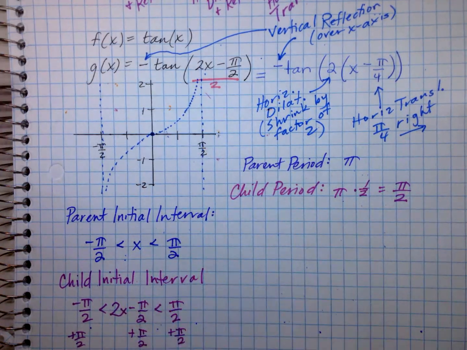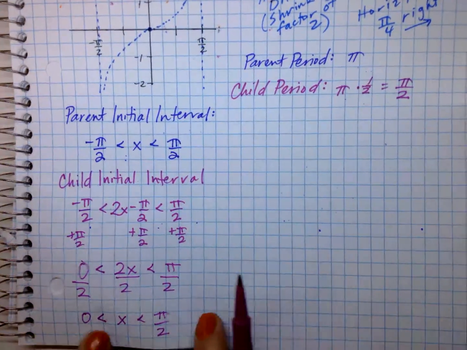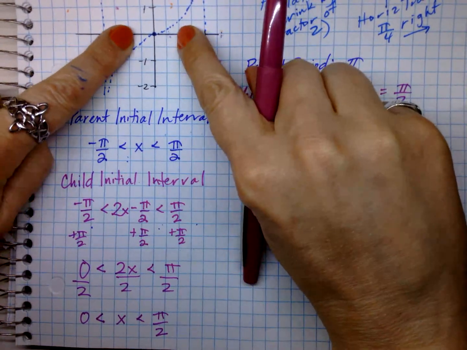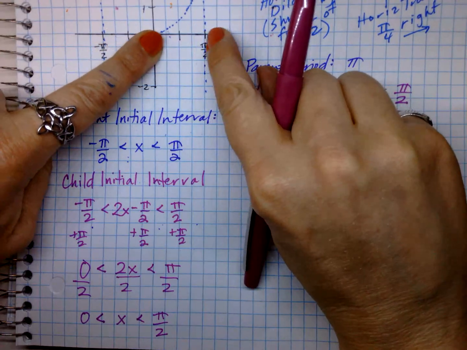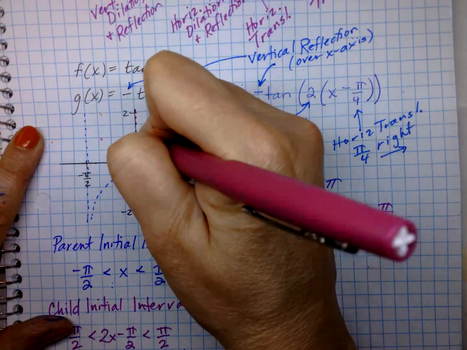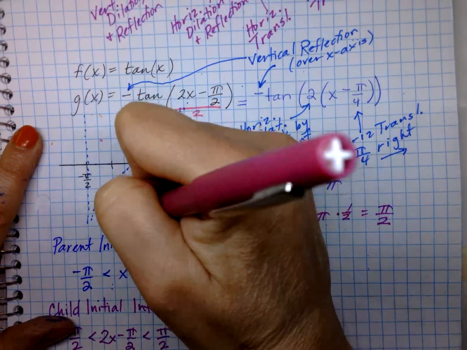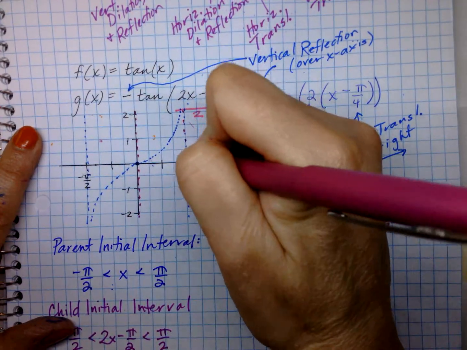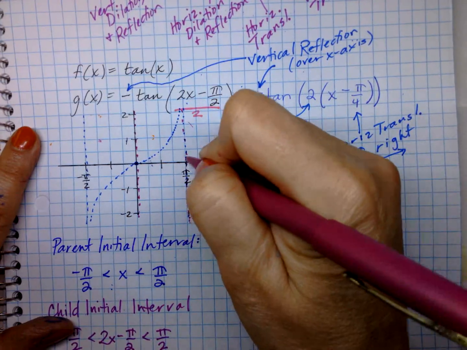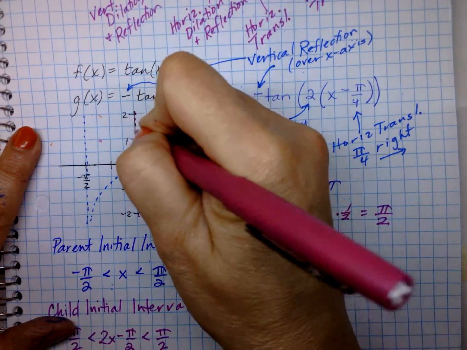So that's why this function right here is ending up over here on the positive side of things this time. We are shrinking it in half and then sliding it to the right. So this new child function is going to lie right here between 0 and pi over 2. Okay, so hopefully you can kind of see that pink right there.